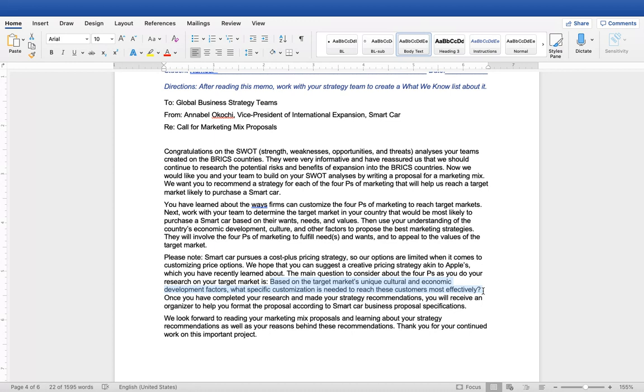Let's pause here for a second. Over here, they start off this paragraph stating that Smart Car pursues a cost plus pricing strategy. What does that mean? This means that Smart Car here in the US uses a cost plus pricing strategy.